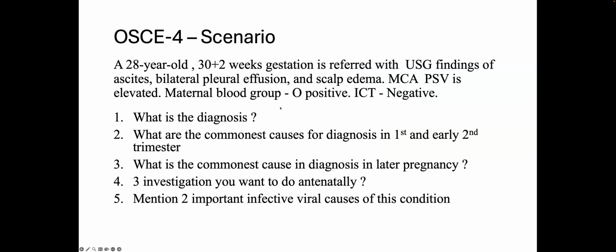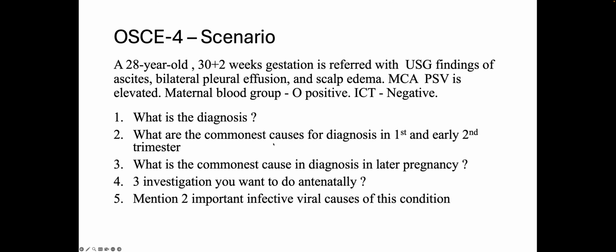Yes, sir. So let's come to the 4th OSCE. A 24-year-old at 30 plus 2 weeks gestation is referred with USG findings of ascites, bilateral pleural effusion, and scalp edema. The MCA PSV is elevated, the maternal blood group is O positive, and the ICT is negative in the mother. What's your diagnosis?